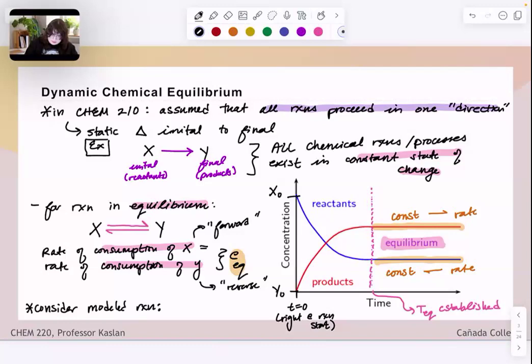Just so that you have some context about what you're about to see, we are going to be looking at a reaction that involves this reactant here reacting with this reactant here. These are the shapes of the little made up molecules that we're going to be looking at.